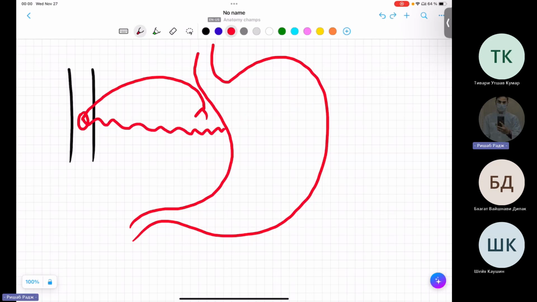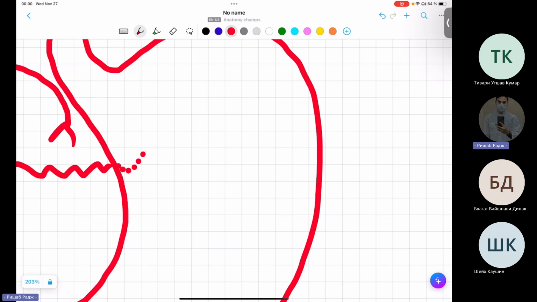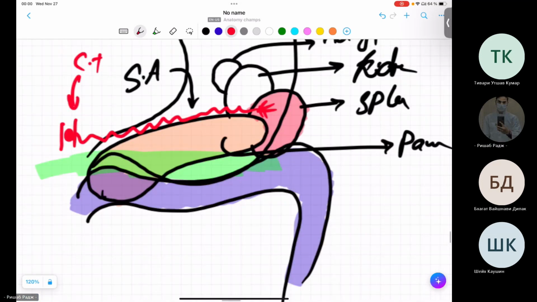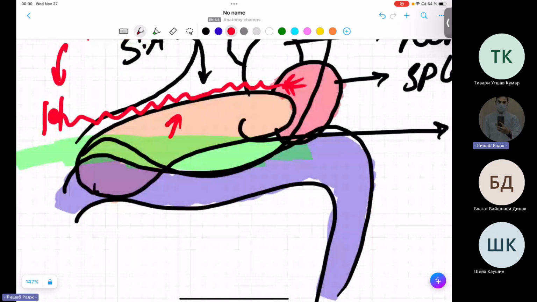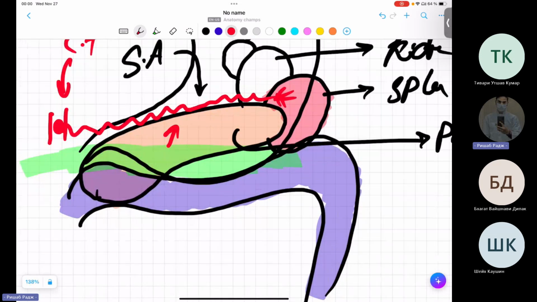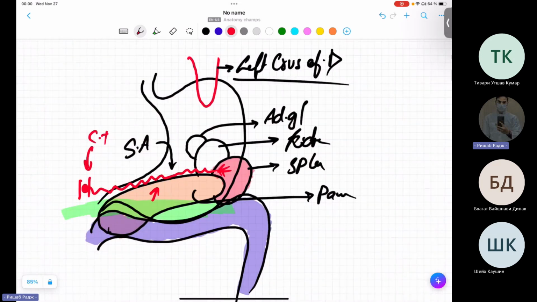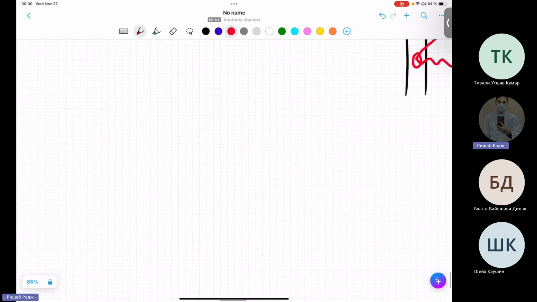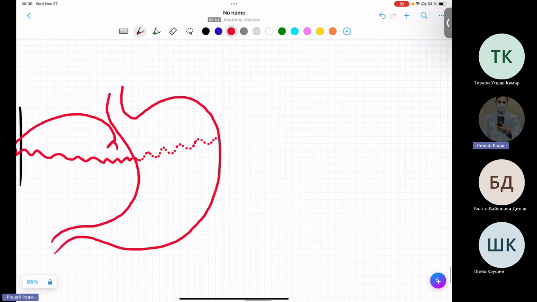If it is posterior, let's draw a dotted line. Where is the splenic artery present? Let me just show you. Present here at the upper border of your pancreas. This is the posterior surface of the stomach, and I am saying your splenic artery is present posterior to the stomach.